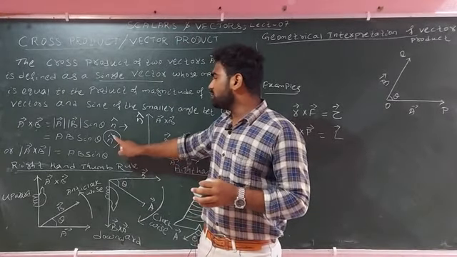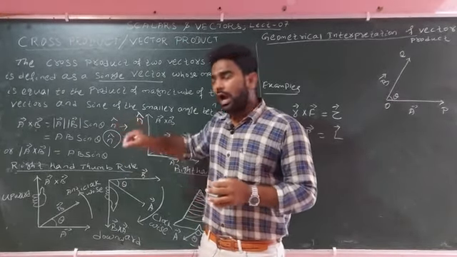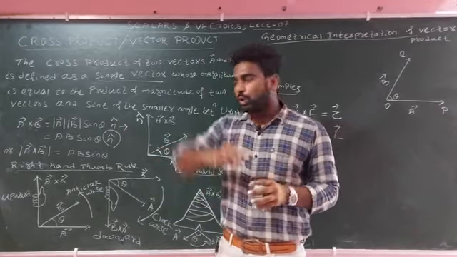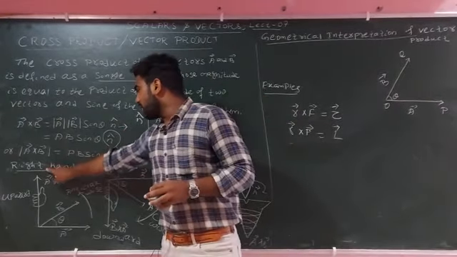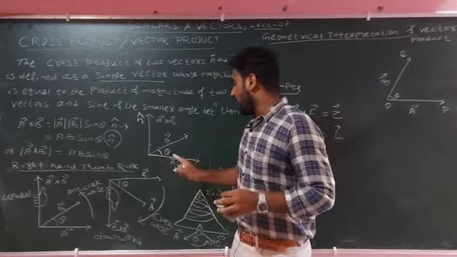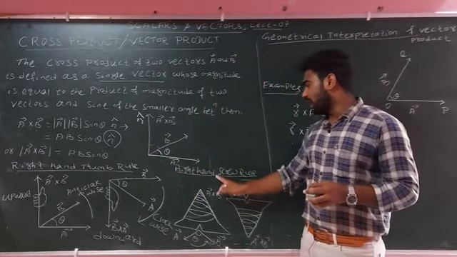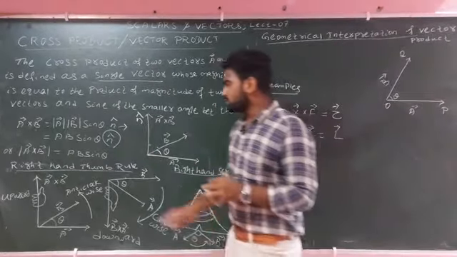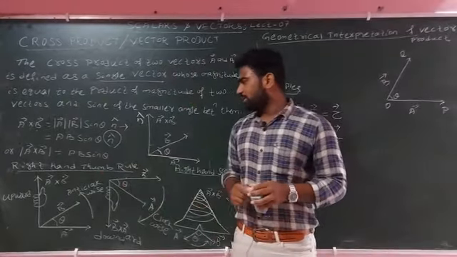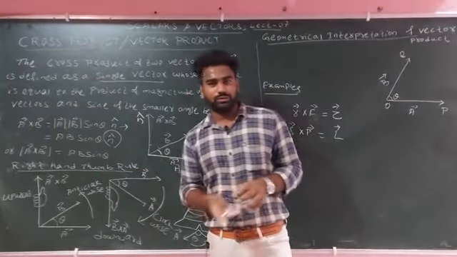To find the direction of n cap, we have to study two laws: one is the right hand thumb rule and the other is the right hand screw rule. First, let us see the right hand thumb rule.